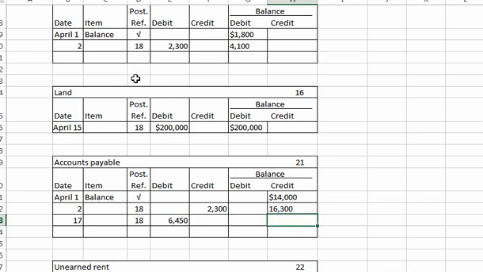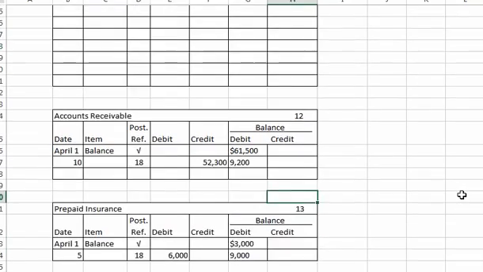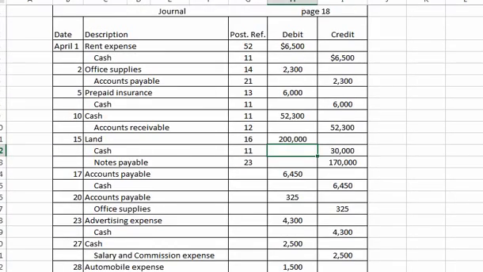So we're going to subtract. We'll say our $16,300 credit balance minus our $6,450 debit entry makes our new credit balance $9,850. Accounts payable is account number 21. Come back and put 21 in the posting reference column of the journal.